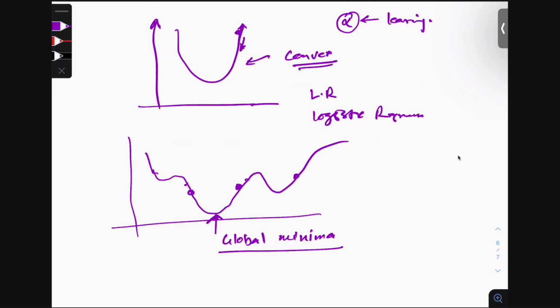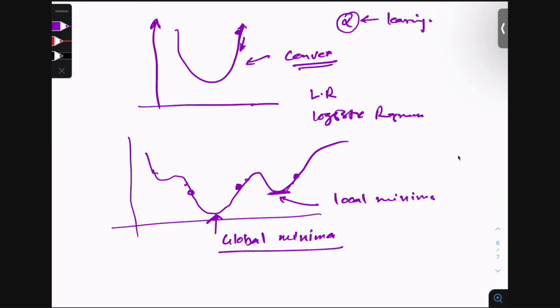But what if you start over here? This is my local minima. You'll keep taking small steps, and gradient descent will finally converge and think this is the minima, because your stopping criterion, the tolerance, will be met: the net reduction in my cost function is very low.